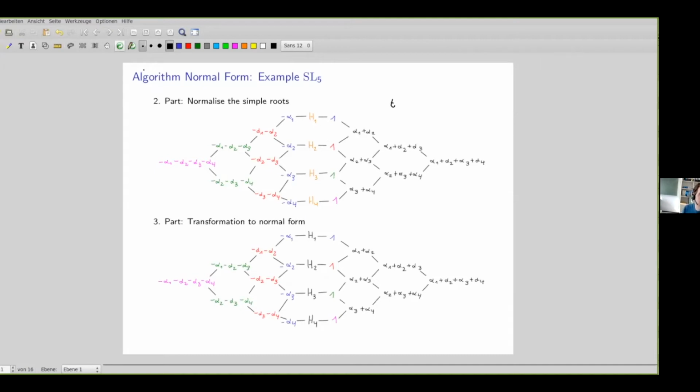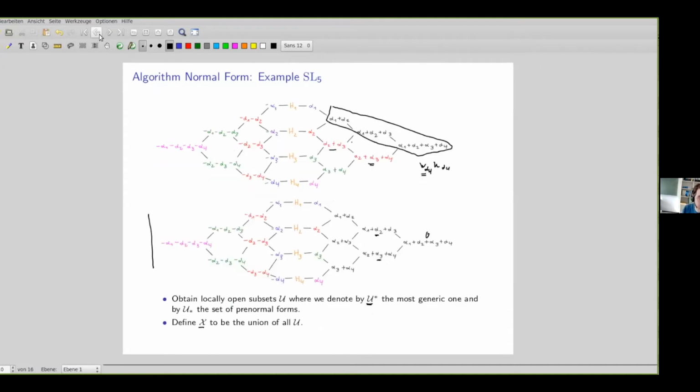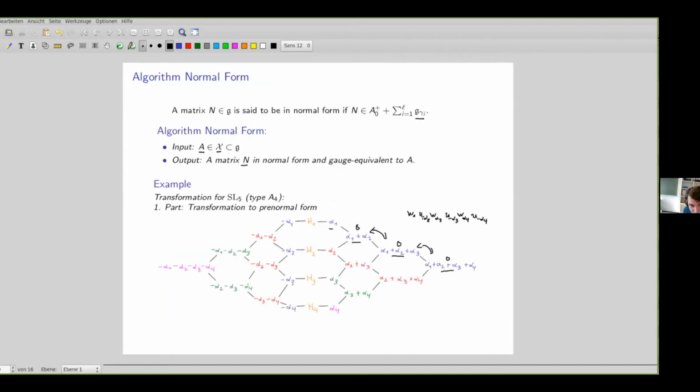Something I forgot mentioning: why is it always solving a linear equation and not a differential equation? That's because we are gauge transforming here always with negative roots, and the logarithmic derivative then comes in the root space, for example in this case, the root space corresponding to minus alpha 4.